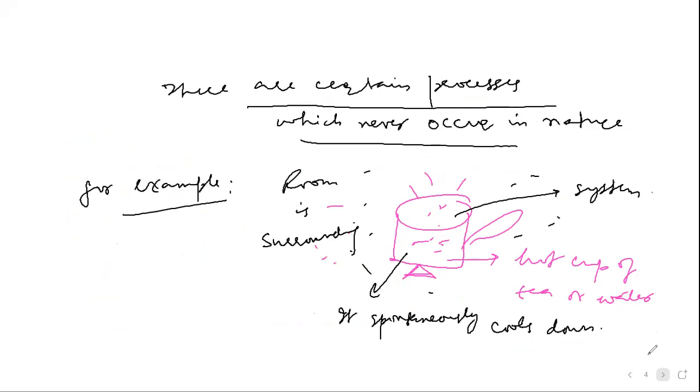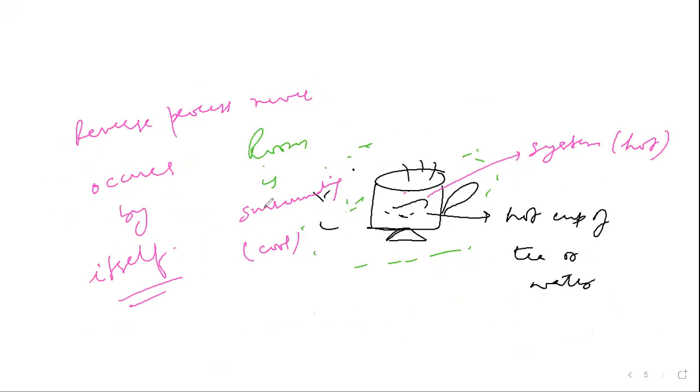I have given the example that if I place a hot cup of tea or water in cold surroundings, this never occurs, that this cup becomes hotter with time and surrounding becomes cooler with time by itself. So such processes don't occur. That means there is more to the first law of thermodynamics.